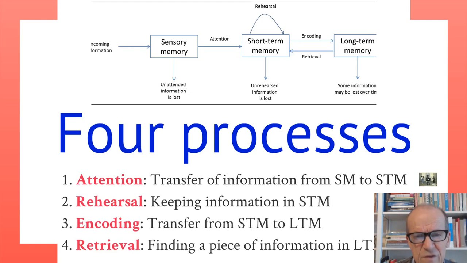There is a particular phenomenon which is called state-dependent memory. State-dependent memory refers to the fact that when you encode a particular piece of information, you also encode a lot of information which is available at the time and place of encoding.